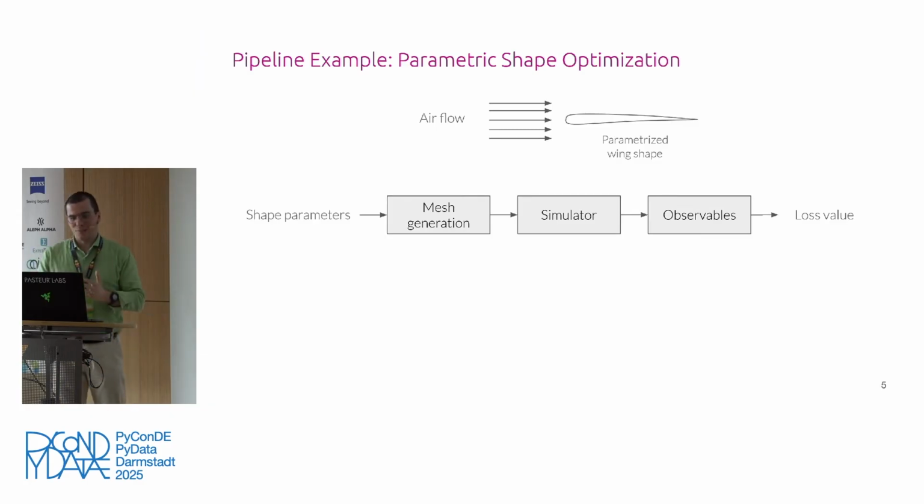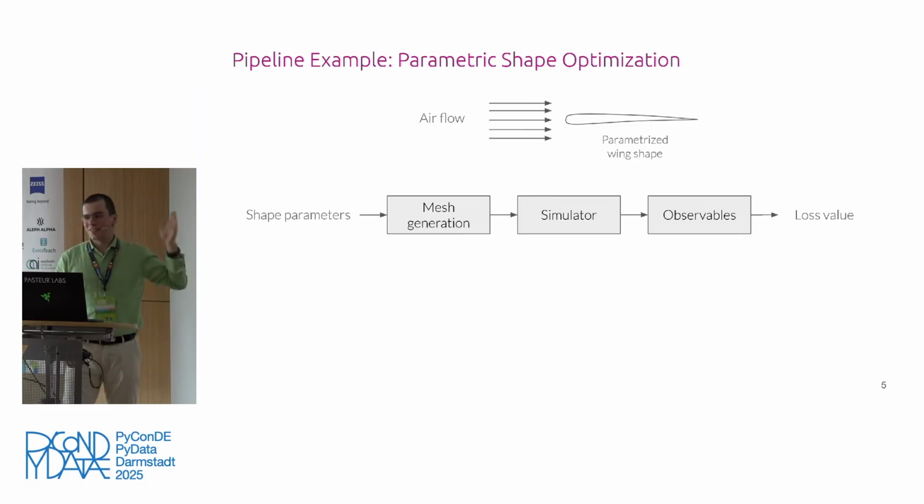You pass this shape to a simulator that then takes this shape, knows the boundary conditions there with the airflow and so on and so forth. And then from this initial state, it generates the whole trajectory and dynamics of this thing. This is then a lot of data, so probably you will need to calculate some function of this, maybe average stuff and so on, and you can calculate from these states this drag, lift, and so on. And finally, you arrive at the loss value.